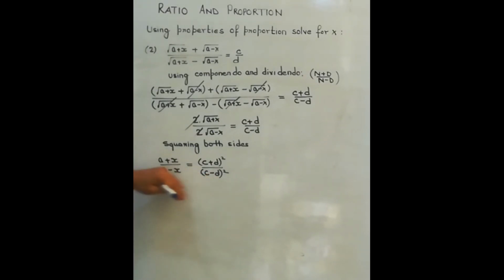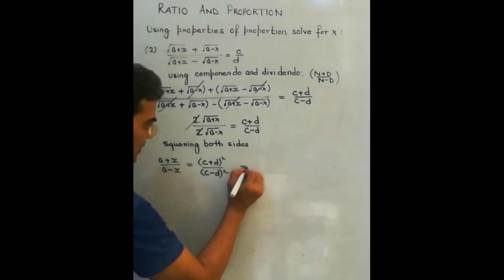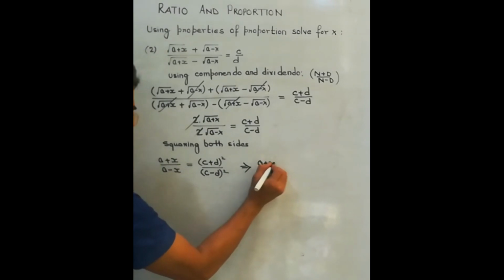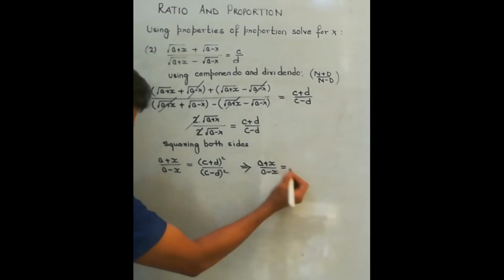When we are squaring both the sides, on the left side when we square, this root sign will be removed. And on the right side when you square, it will become whole square. So see what will be the result here. Left side remains a plus x upon a minus x.